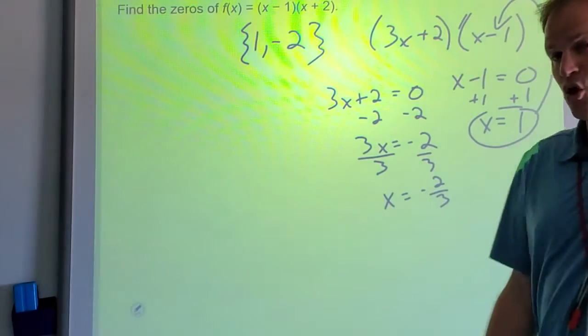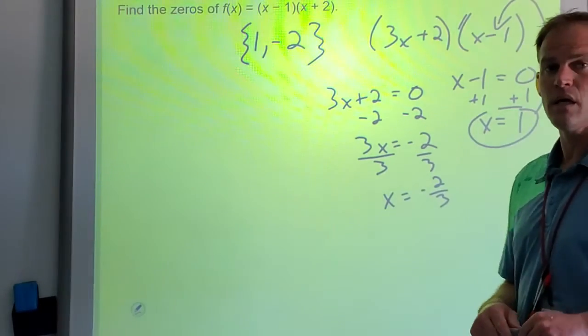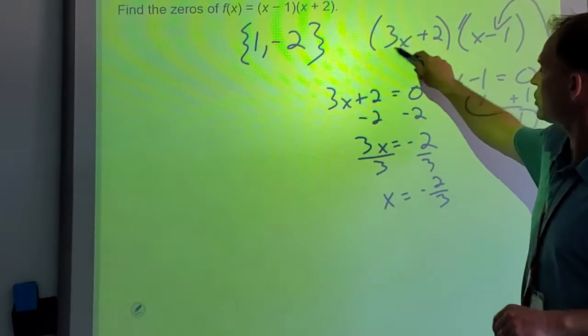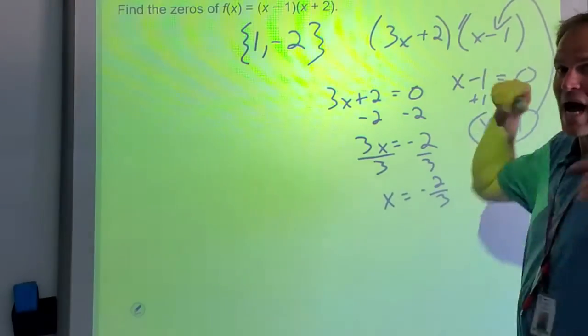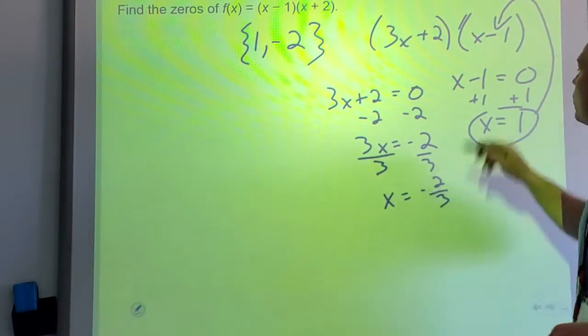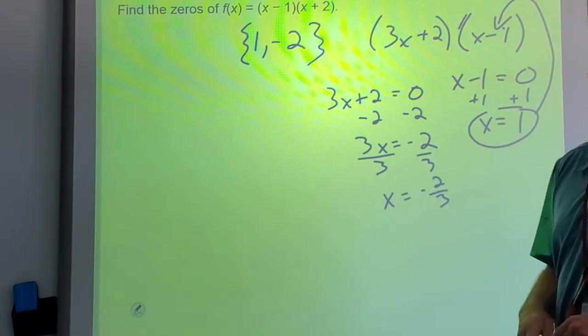All right? When you get quick and fast with this, you can kind of do it in your head, all right? But just understand, if there's a coefficient here, I can't just take the opposite of this. Opposite of what's in parentheses only works if there's no coefficient. Got a coefficient, gotta work it out.